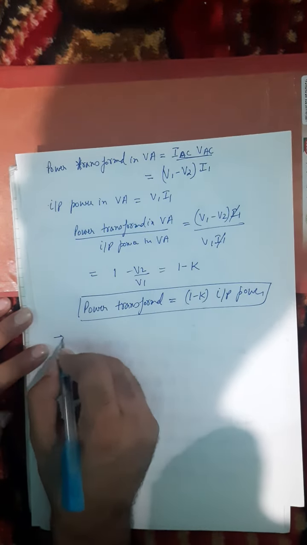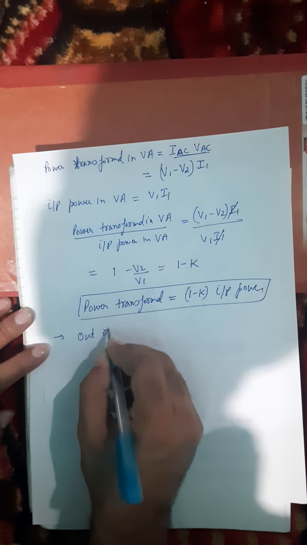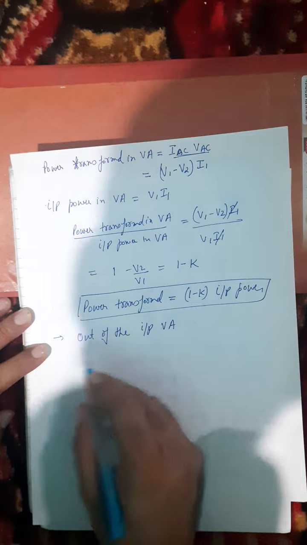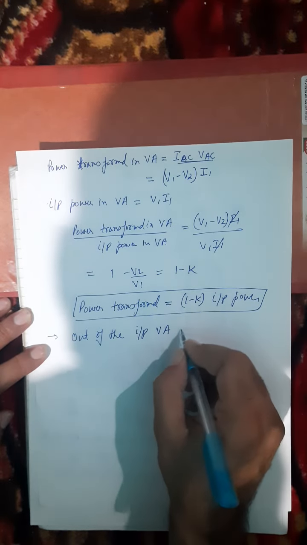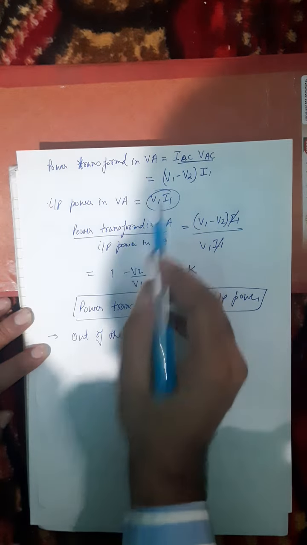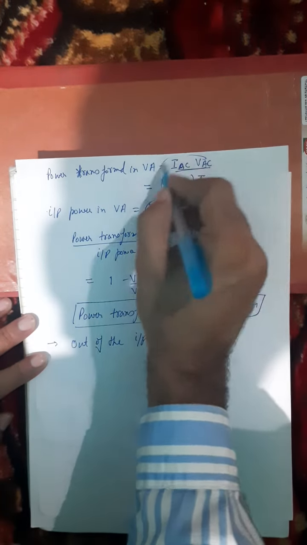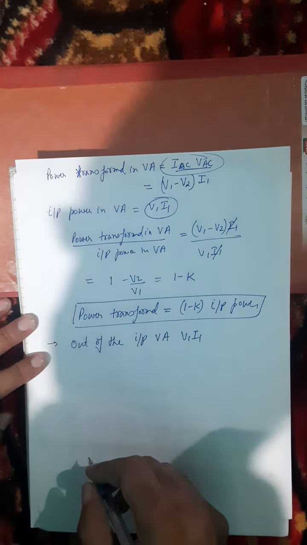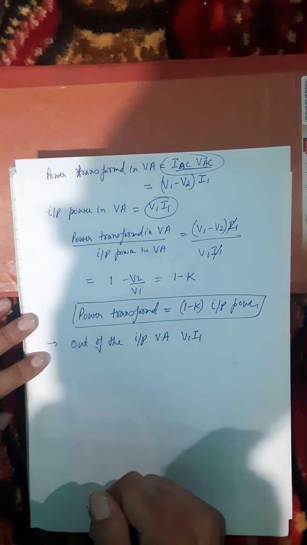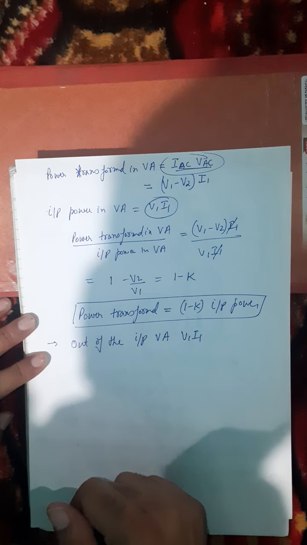What I am trying to say is that the input volt ampere is given by V1 I1. Out of the input volt amperes, only IAC VAC is transformed by the transformer action to the output.